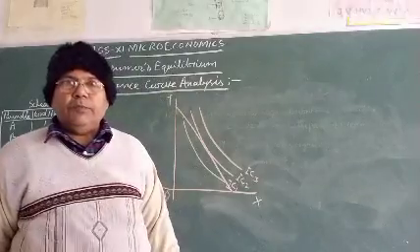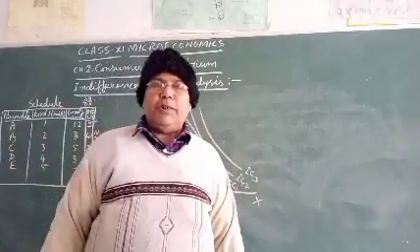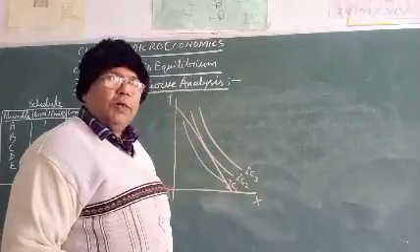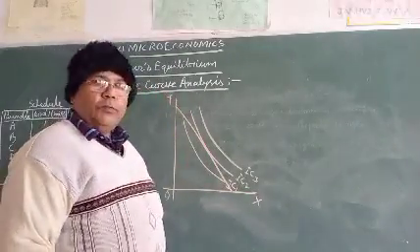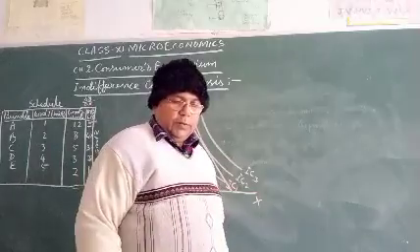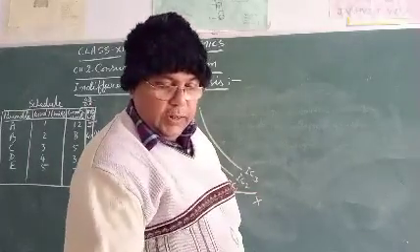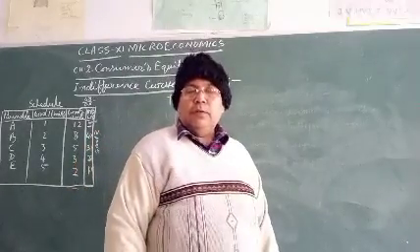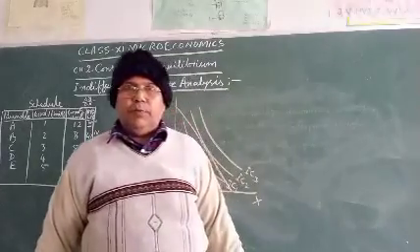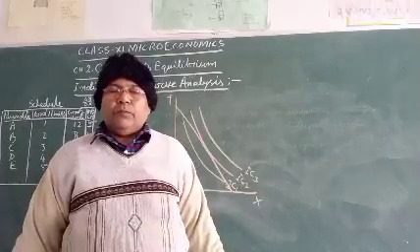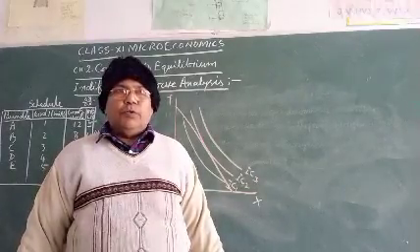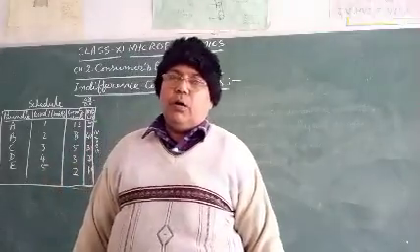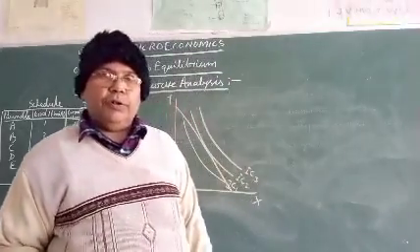In this way, we have completed the second chapter, that is consumer's equilibrium, and we have discussed clearly how the consumer gets to its equilibrium situation through the cardinal approach and through the ordinal approach.